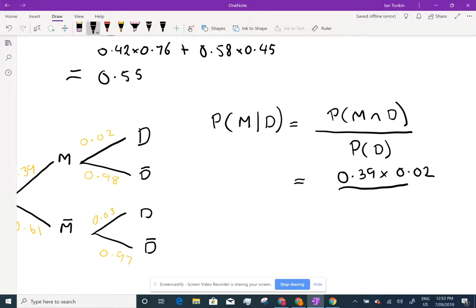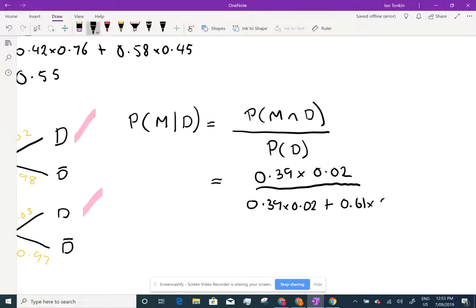Now, what's the chance the battery is defective? There are two situations. There's that one and that one. Now, one of them we just wrote, so manager's there and the battery's defective. Or, so we add, manager's not there, 0.61, times the battery being defective, 0.03.